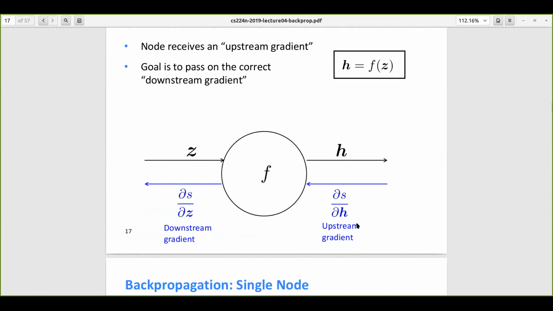At the time of backpropagation, the upstream gradient is what you get from backpropagation, and the downstream gradient is what leaves this activation function towards the next input layer.